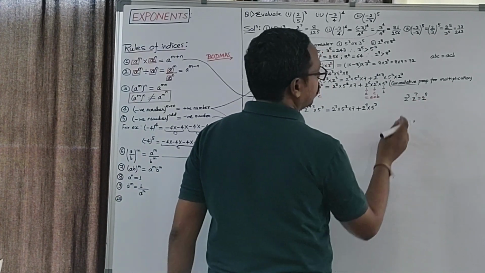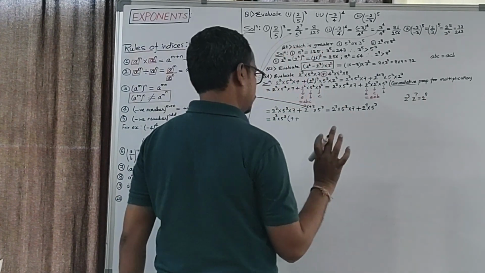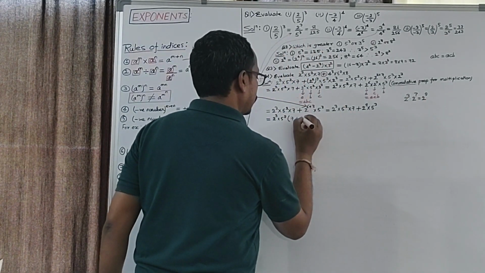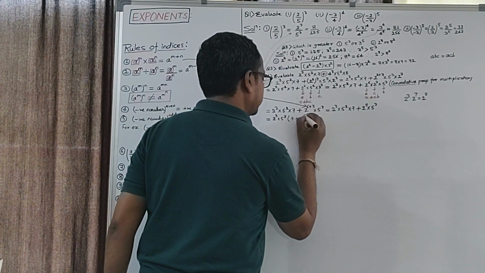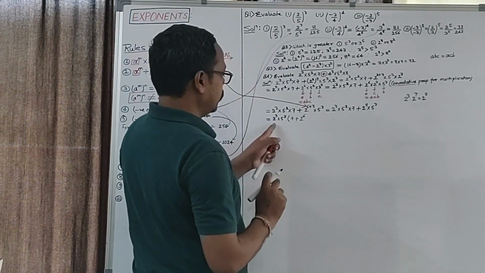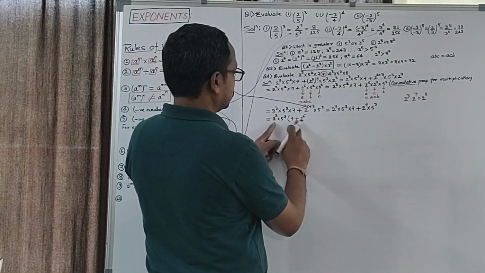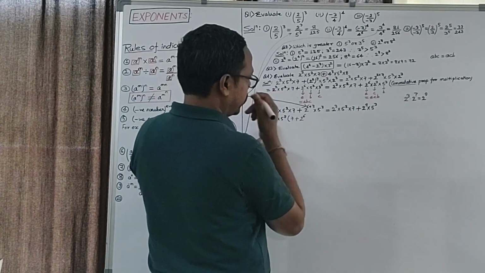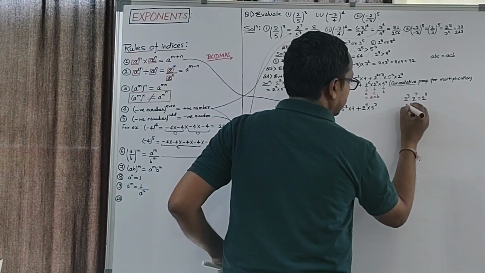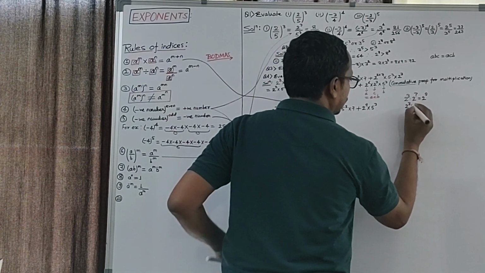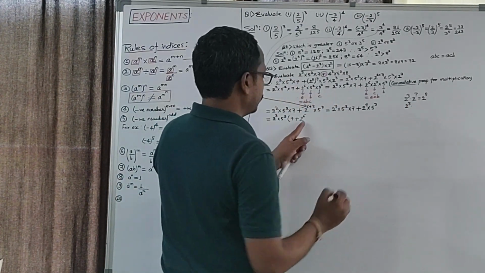In this case, the value is 6. So here you can write 2 to the power 6. 2 to the power 3 into 2 to the power 6, 3 plus 6 will give you 9. Just understand it.